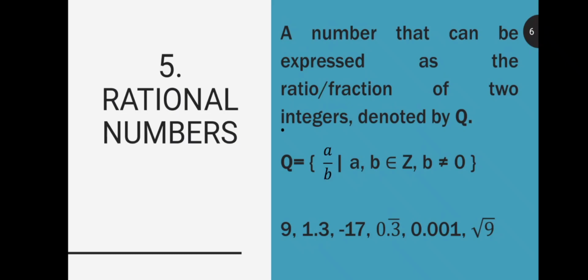So we have here examples: 9, 1.3, negative 17, 0.33333, 0.001, and the square root of 9.